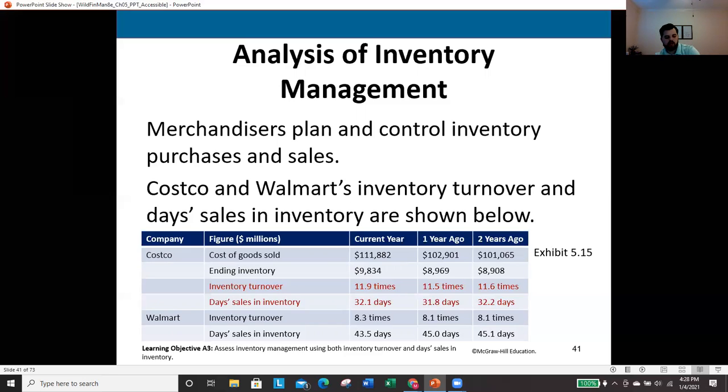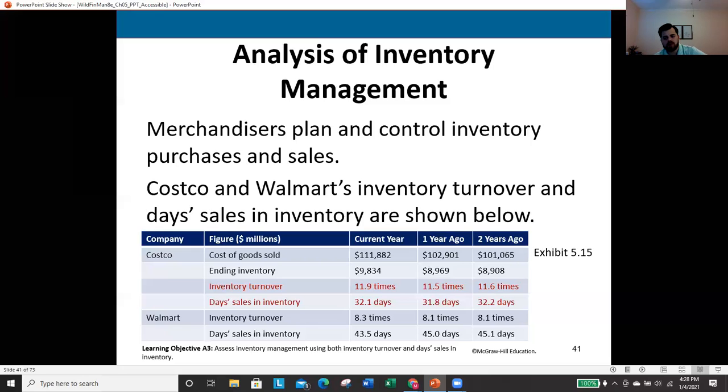Now, on the other side, we've got Walmart. Notice their inventory turnover of 8.1, 8.1, 8.3. You say, well, Walmart's inventory turnover is much lower than that of Costco. But I want you to think about what the two stores sell. Now, I'm not super familiar with Costco, but I think Costco is primarily food and perishable items, vegetables, drinks, all that kind of stuff.